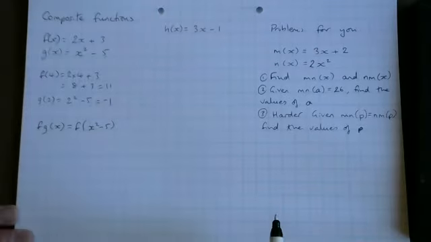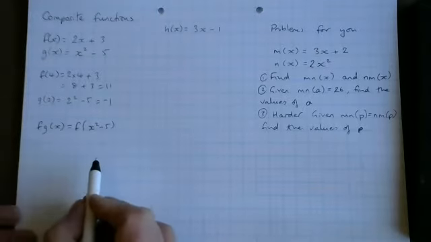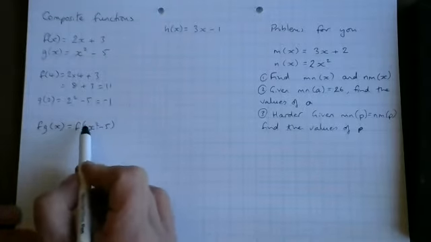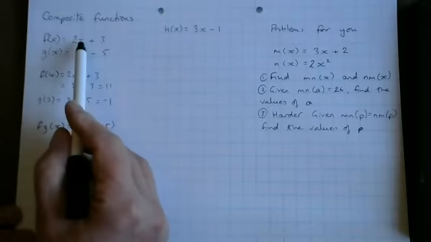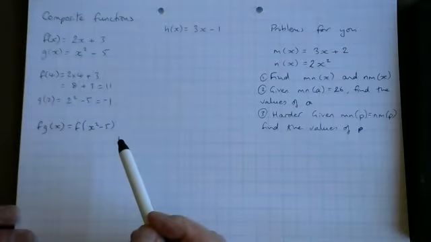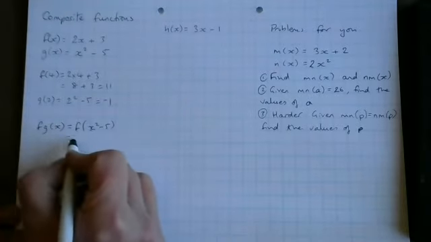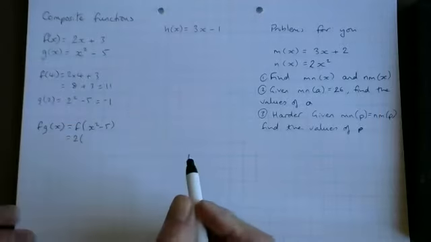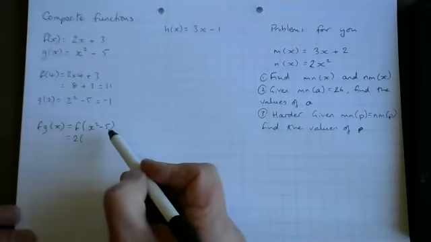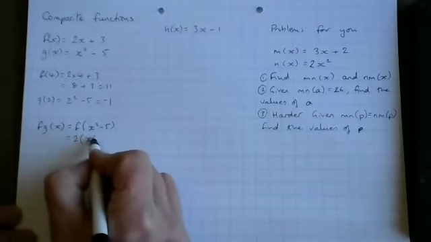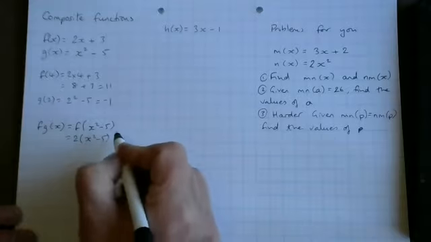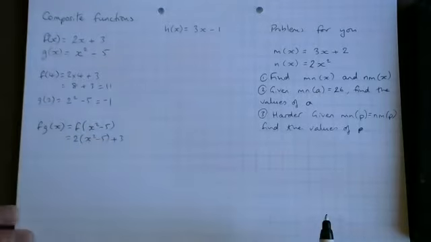If I do f to x squared minus 5, then essentially this bit here, the x squared minus 5, replaces the x in the f function. So that equals 2 times, x here is x squared minus 5, plus 3.